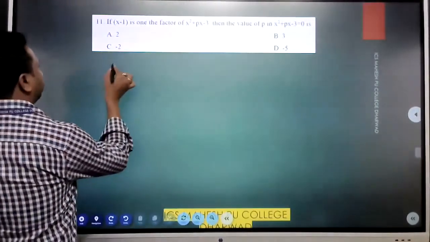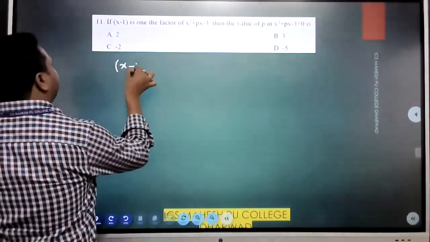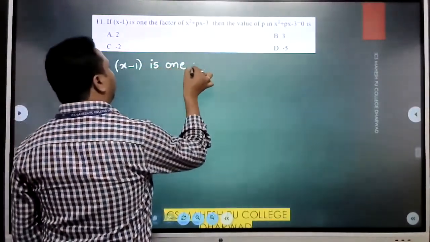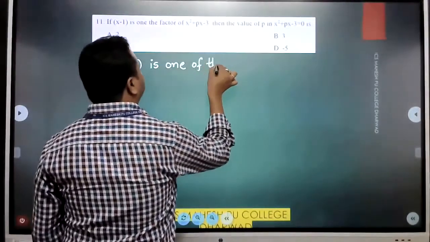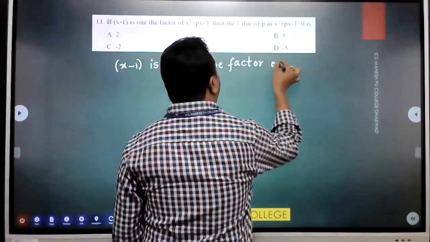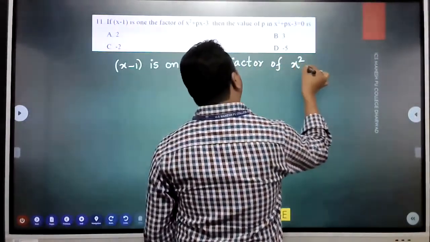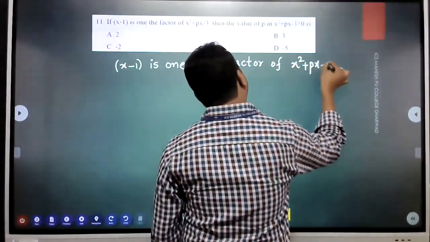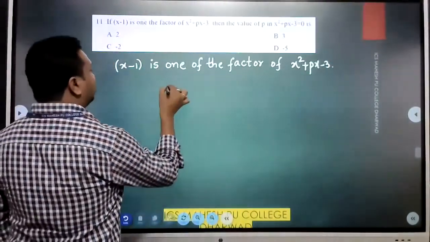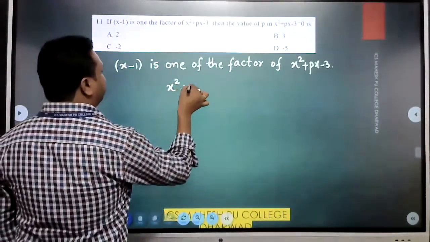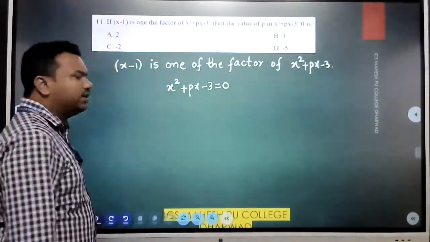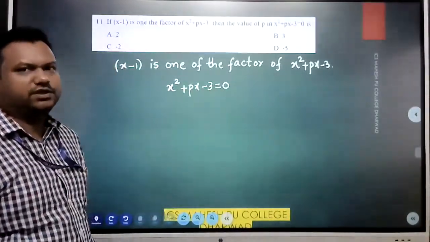Okay, so let us understand the condition here first. x minus 1 is one of the factors of x square plus px minus 3 equal to 0, right? What should be the value of p is the question, right?